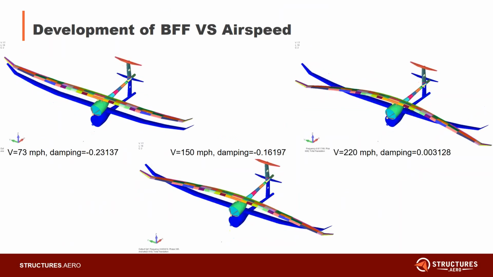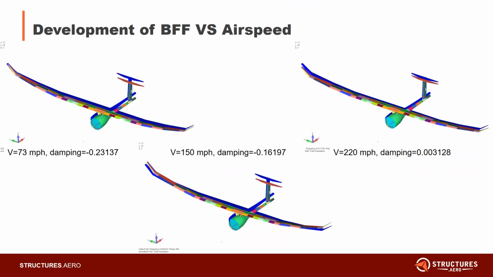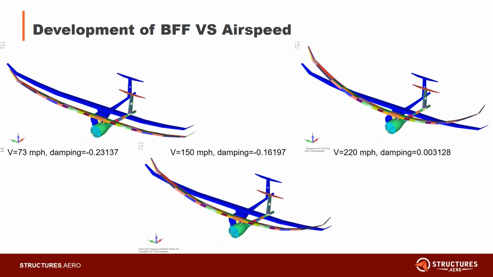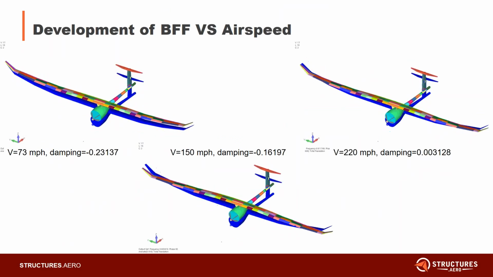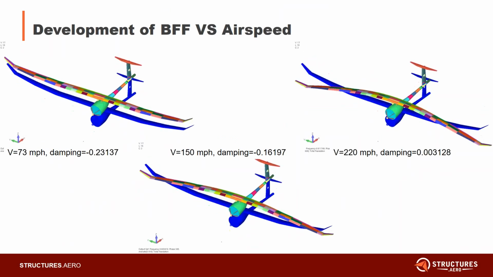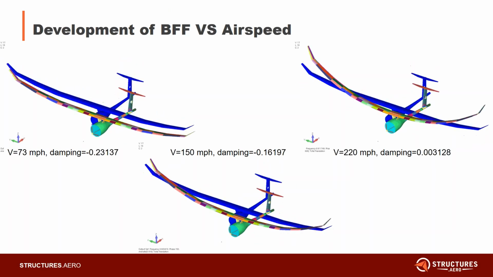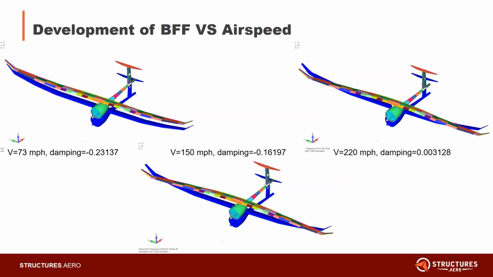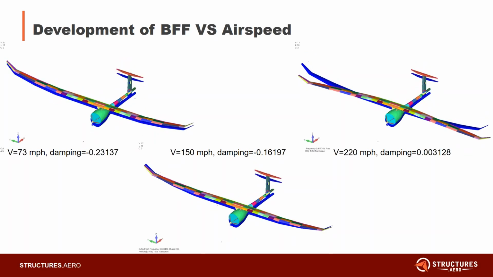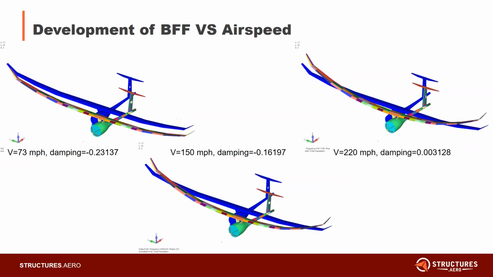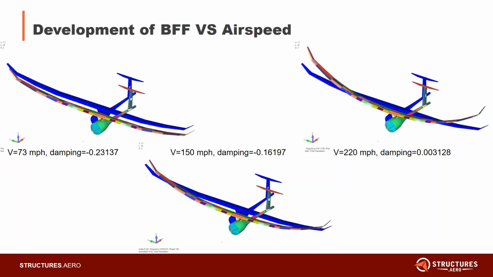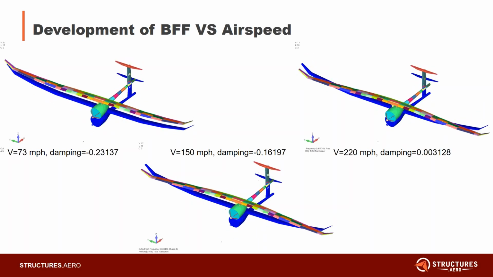And I've plotted what that behavior looks like, starting at 73 miles an hour, then 150, then 220, where it finally goes unstable. And we can see even by 150 miles an hour, that pitching, plunging kind of motion, more the plunging motion, and the first bending motion of our aircraft have coupled pretty substantially.